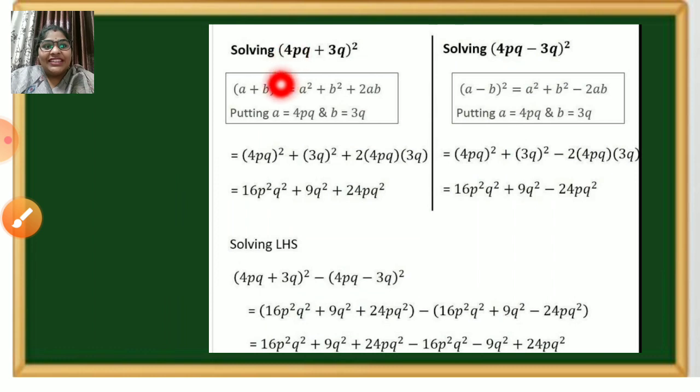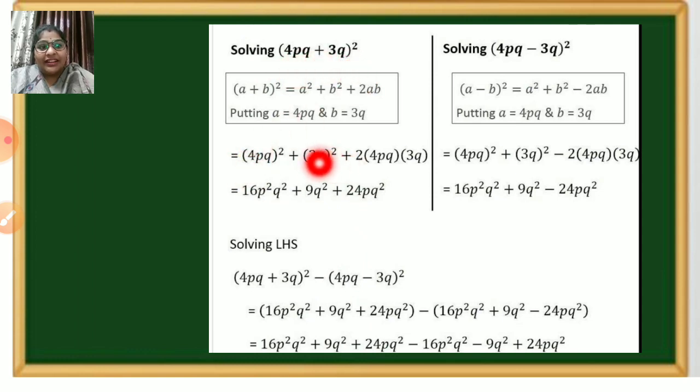Here you can see (4pq plus 3q) whole square, (4pq minus 3q) whole square. Both are on the left hand side only, children. We are first solving them, simplifying them separately, and then we will subtract. It is in the form of a plus b whole square.